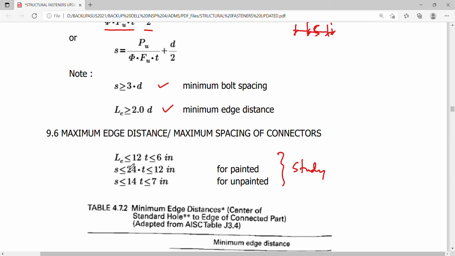Okay, so if the edge distance and the center to center spacing are very big, then the connections might end up acting individually or separately in resisting the forces. So this is just a precaution on not overestimating the values of Le and S because of the bearing failure consideration.